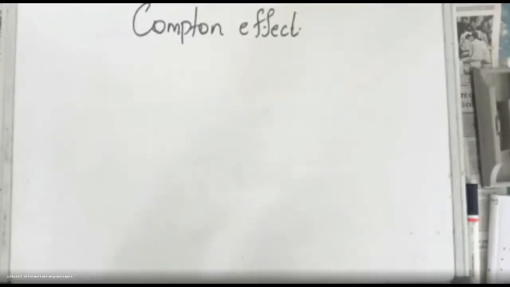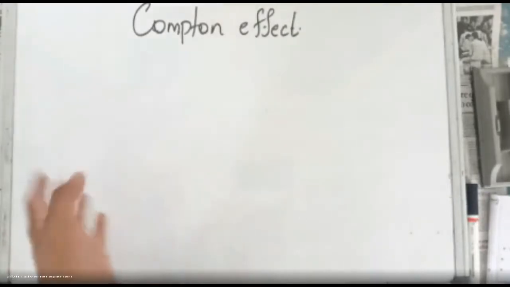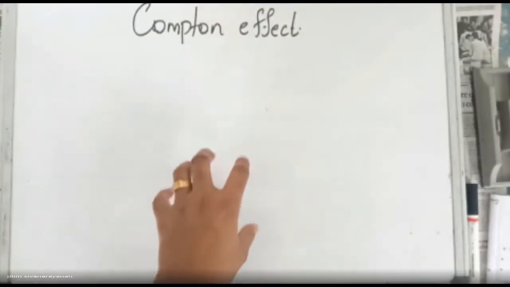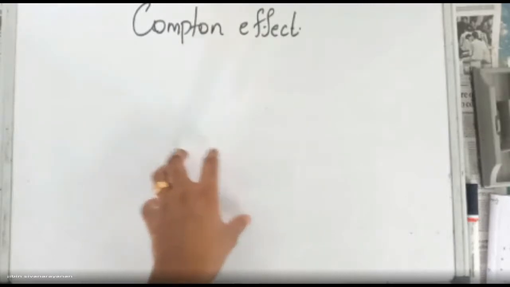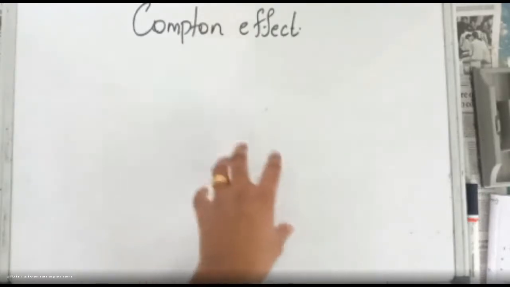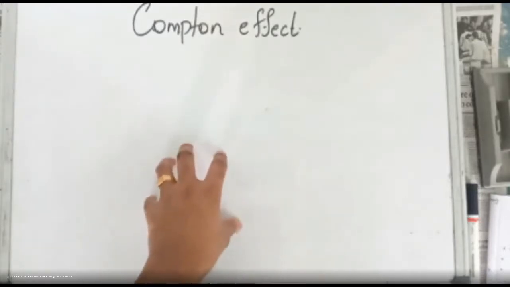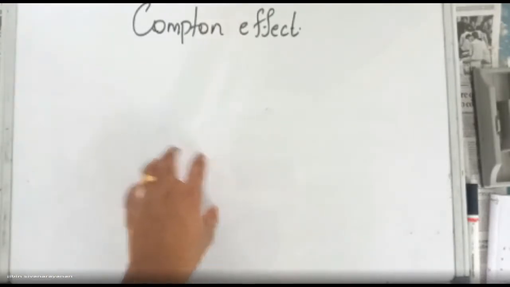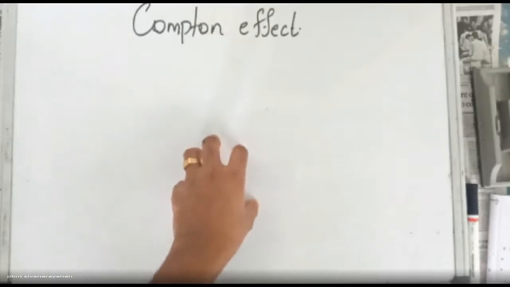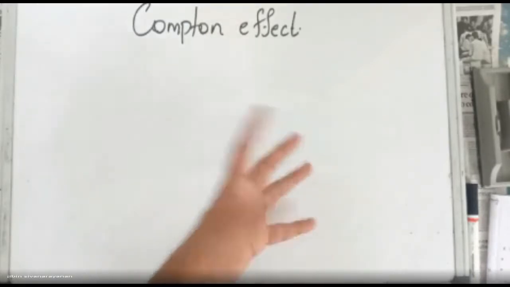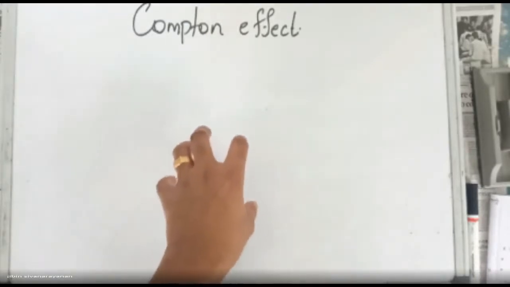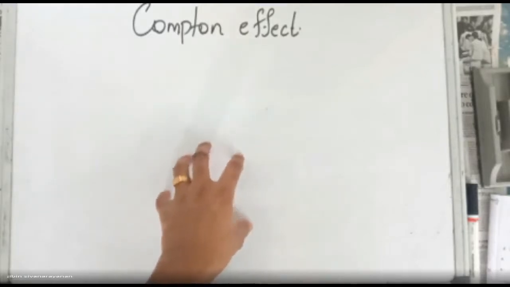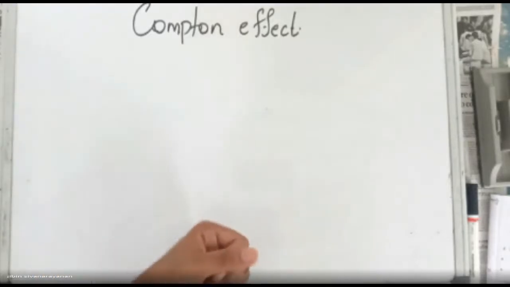Sir, can you repeat it once again? Okay. In the Compton effect, the scattered X-ray light has lower energy than the incident one after scattering. Why is this happening? The electrons in the metal surface, or whatever object we are using, absorb energy from the X-rays.